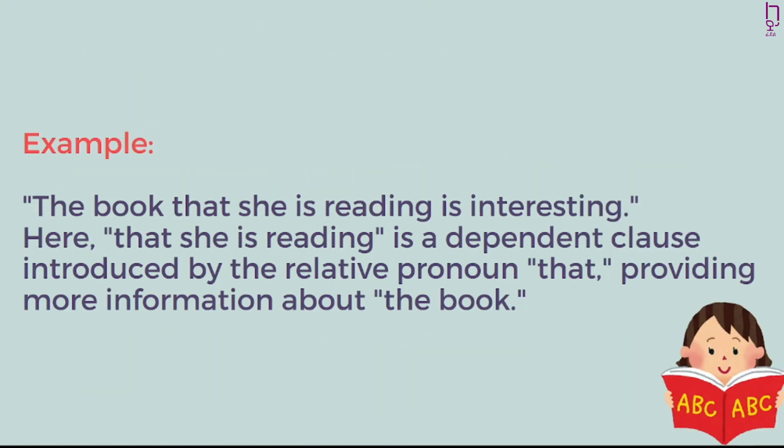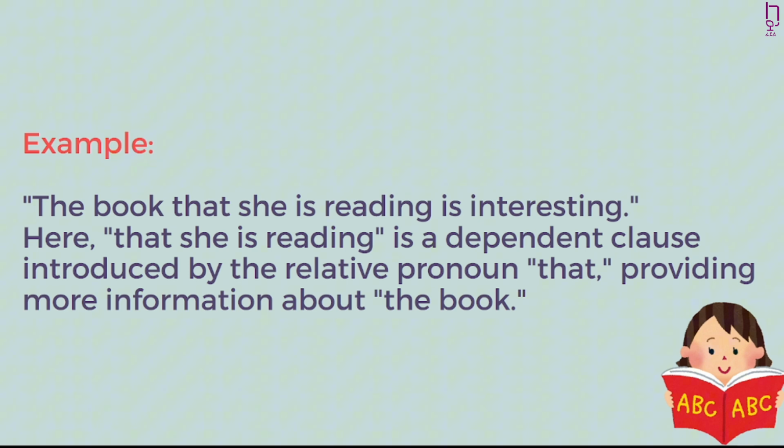For example, let's see a sentence joined by a pronoun, a dependent and an independent clause. For example, the book that she is reading is interesting. The part that she is reading is a dependent clause introduced by the relative pronoun that. It provides more information about the book.